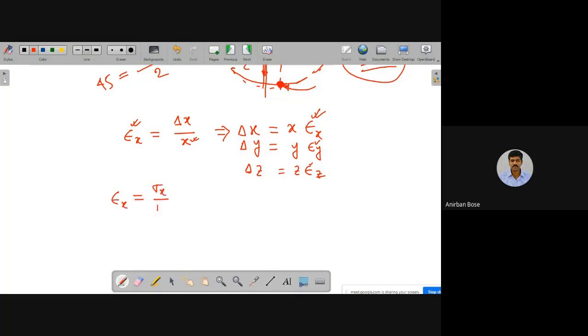Sigma x by E minus Poisson's ratio by E into sigma y minus Poisson's ratio divided by E into sigma z. Similarly, what is epsilon y?